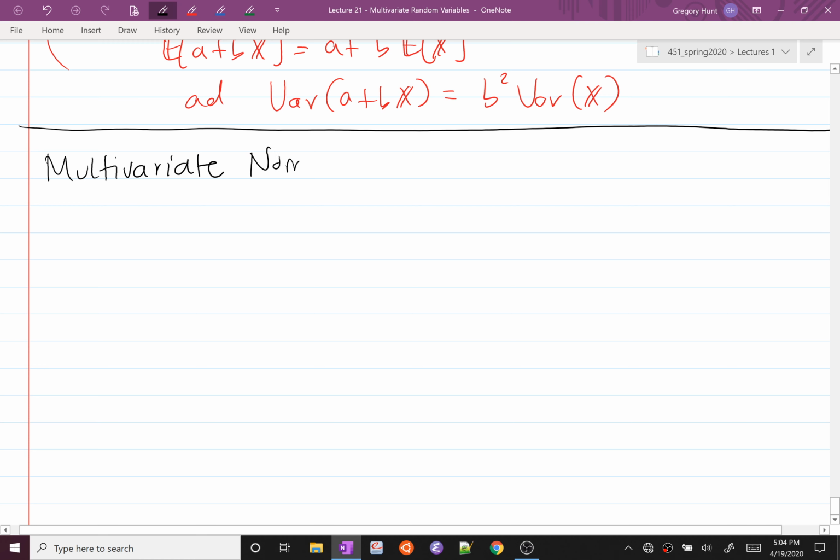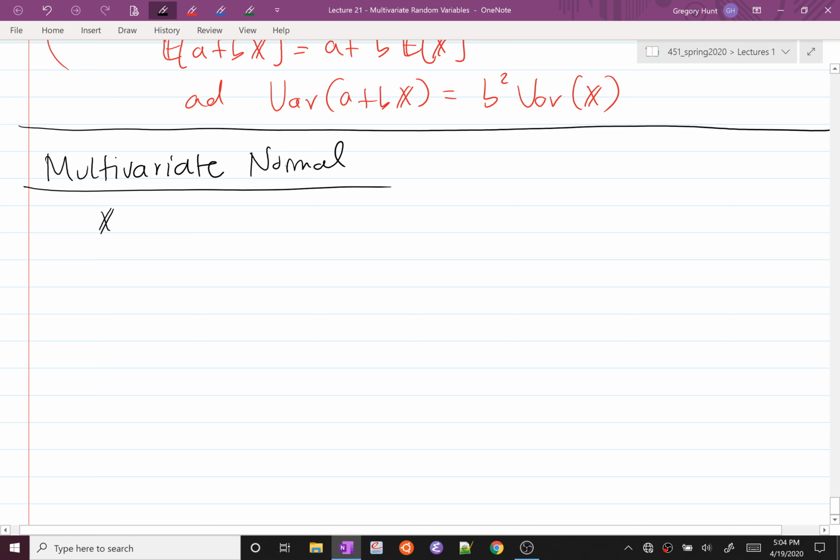It generalizes not only the univariate normal, but also the bivariate normal, and we've talked about both of those. This is very important not only for statistics, but for a lot of machine learning theory and understanding how these things work. They're all based on the multivariate normal.